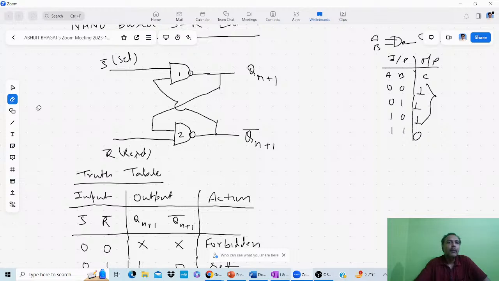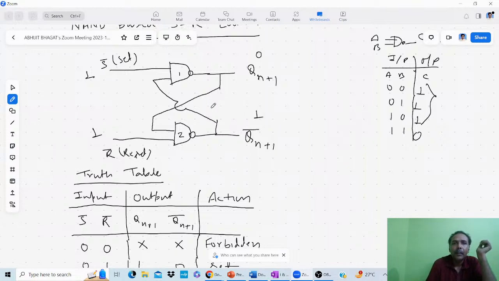So next is 1 1, means your S is 1 and R is 1. What happens in this? Suppose initially this Q is 0 and Q bar is 1.